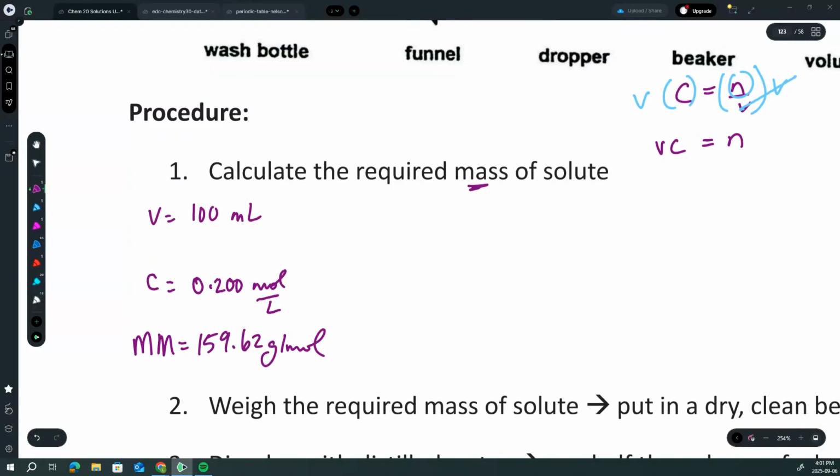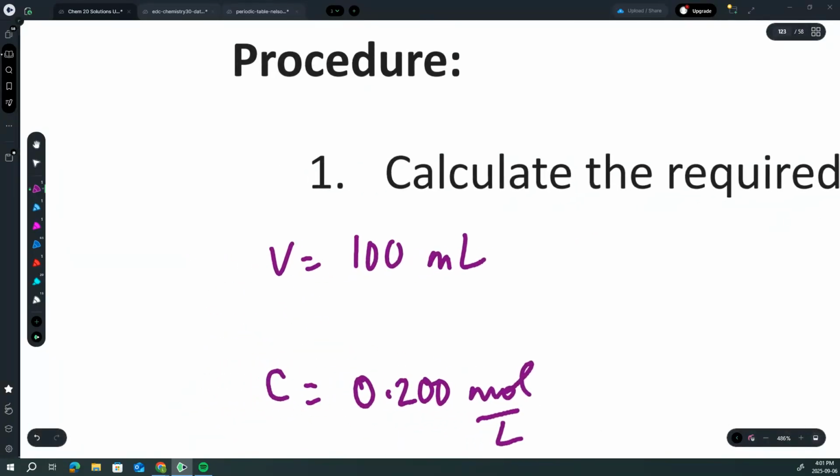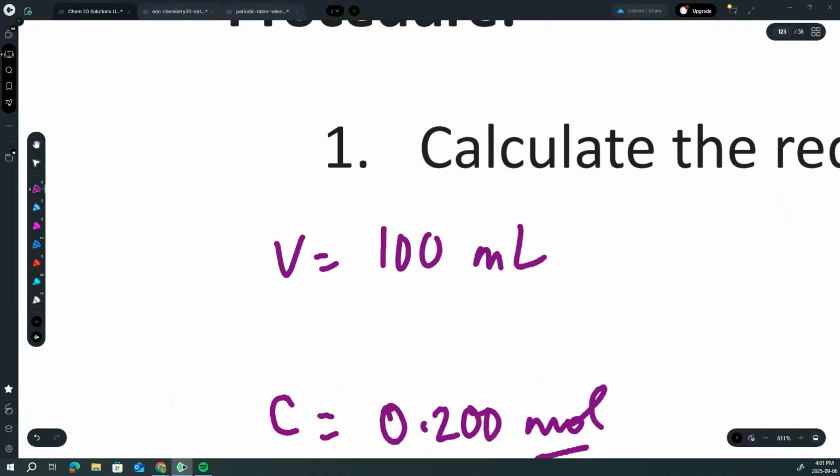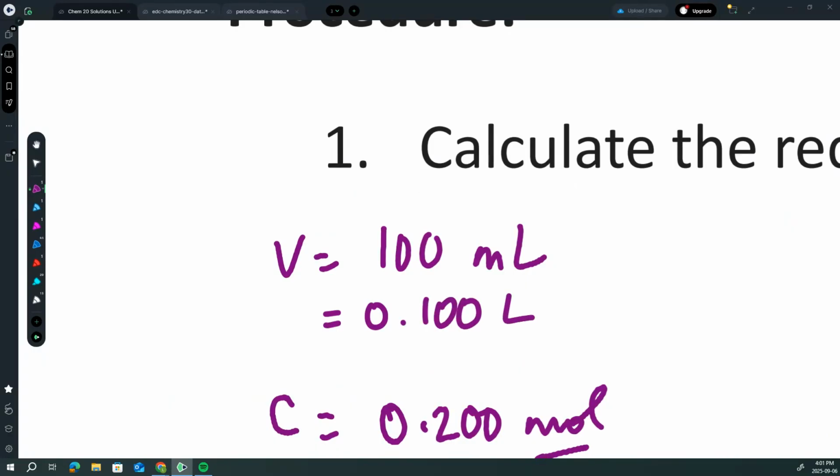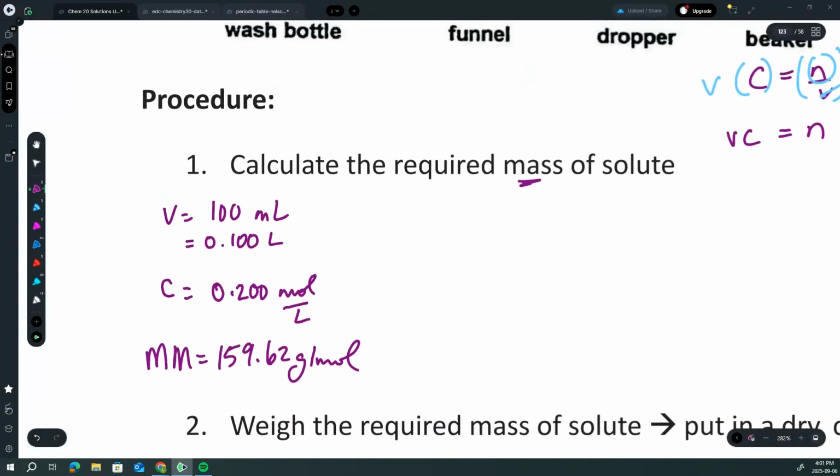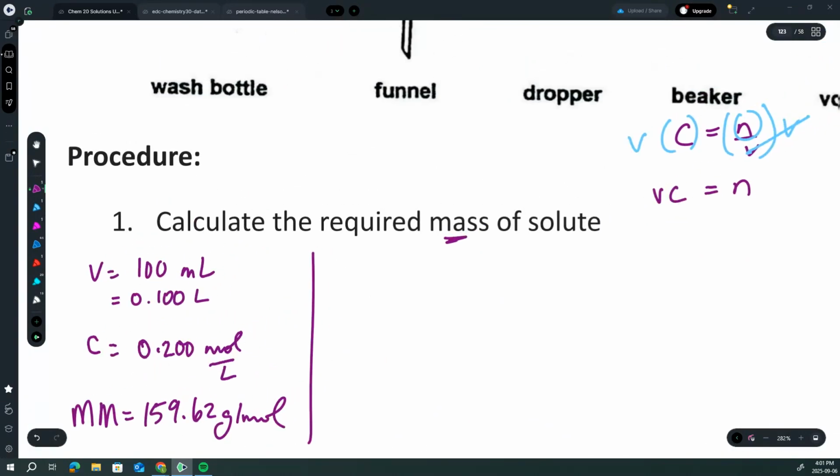Alright. Another thing I'm noticing before I get started is that our units for concentration are mole per liter, but notice how volume is in milliliters. So I'm going to convert milliliters into liters first, just by dividing by 1,000. That gives me 0.100 liters for my volume. Alright, let's get started.